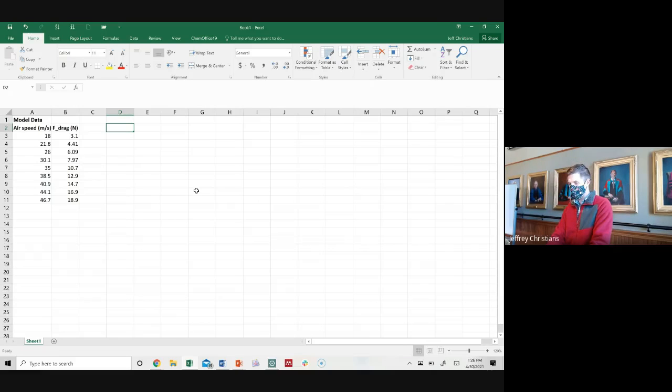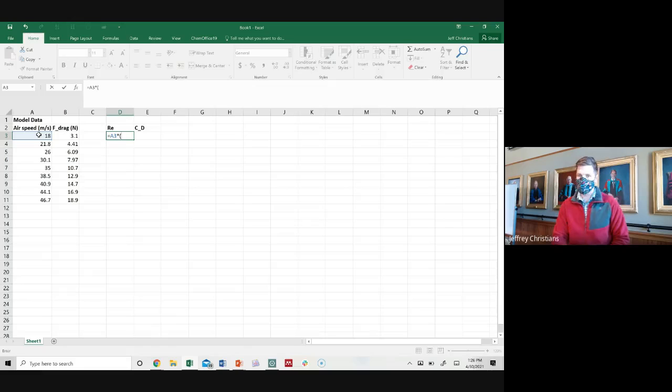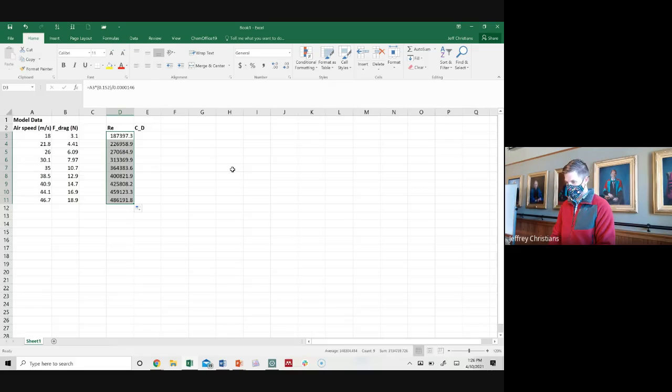We can then calculate the Reynolds number and the drag coefficient. So the Reynolds number is velocity times our width, which in this case is the model's width, 0.152 meters, divided by the kinematic viscosity, which was 1.46 times 10 to the minus 5. Then we can just drag that down and calculate it for all of those.